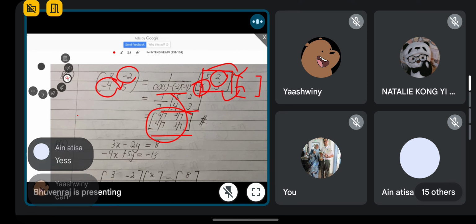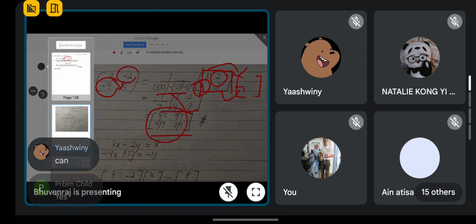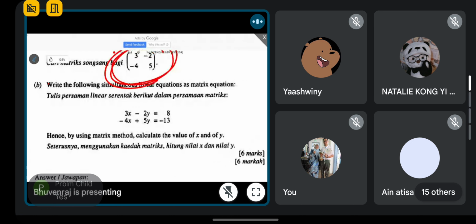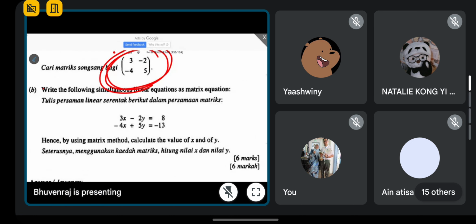Okay, so next one. Try this one. Another pair of simultaneous equation. Oh no, problem child is here. Tell me once you all get that answer.